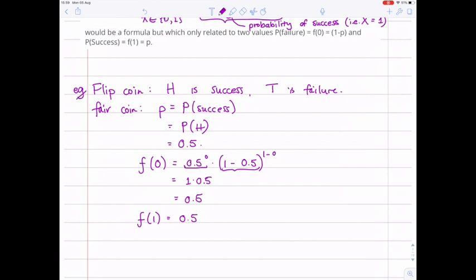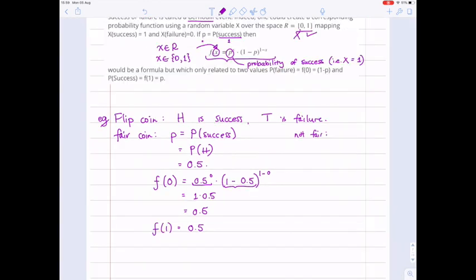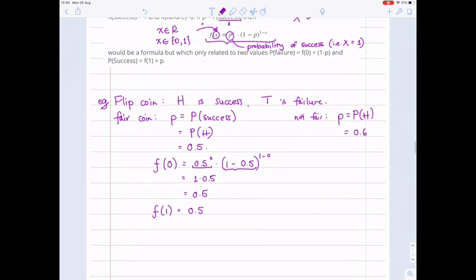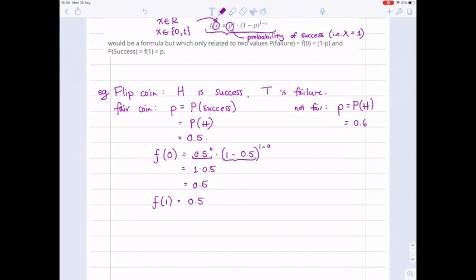You might say, okay, suppose it's not a fair coin. So, not a fair coin, what do we get? Well, let's say that our probability of getting heads in this case is 0.6. Well, then our probability of getting 0, which is failure or getting tails, is going to be 0.6 to the 0 times (1 minus 0.6) to the 1 minus 0.